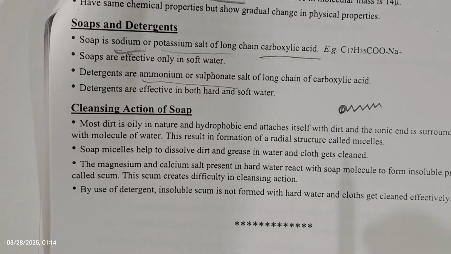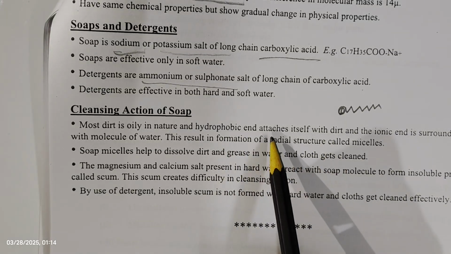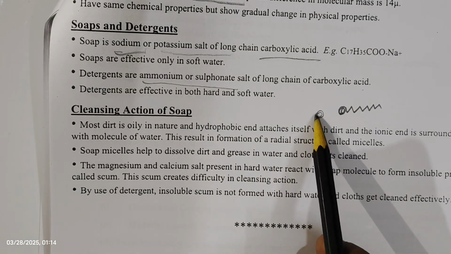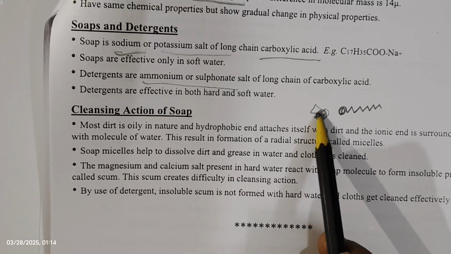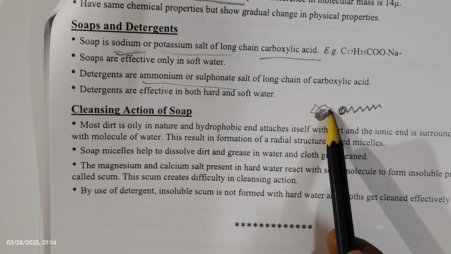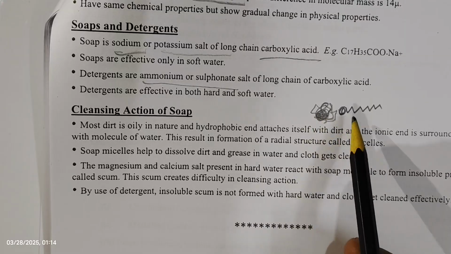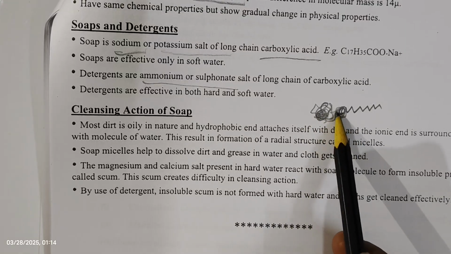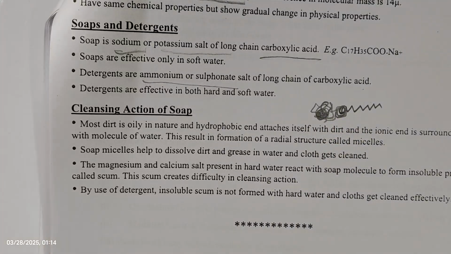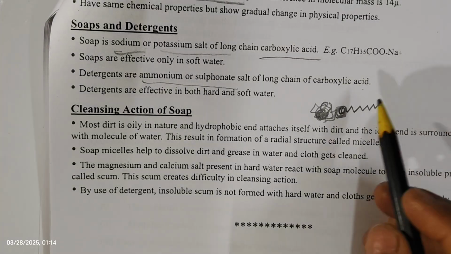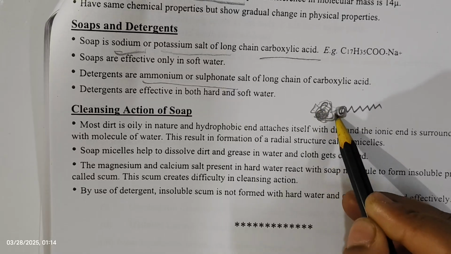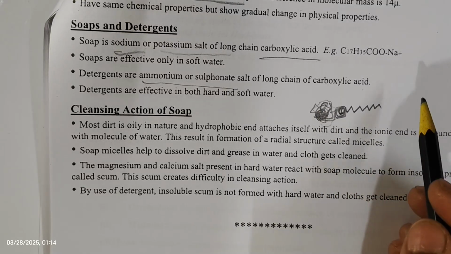Here the hydrophobic end attaches to the dirt. Imagine this is the dirt: the hydrophobic end attaches to the dirt itself and the ionic end surrounds the water molecules. By this the micelles will be formed.